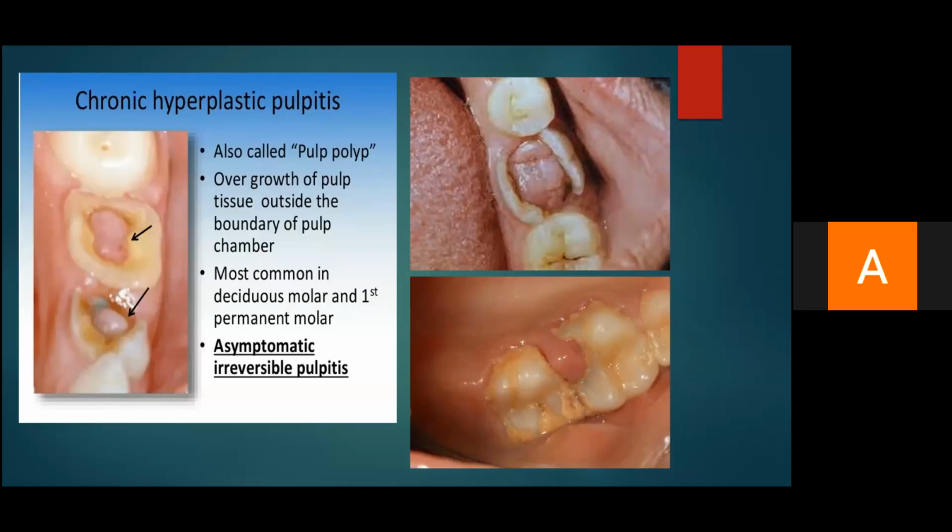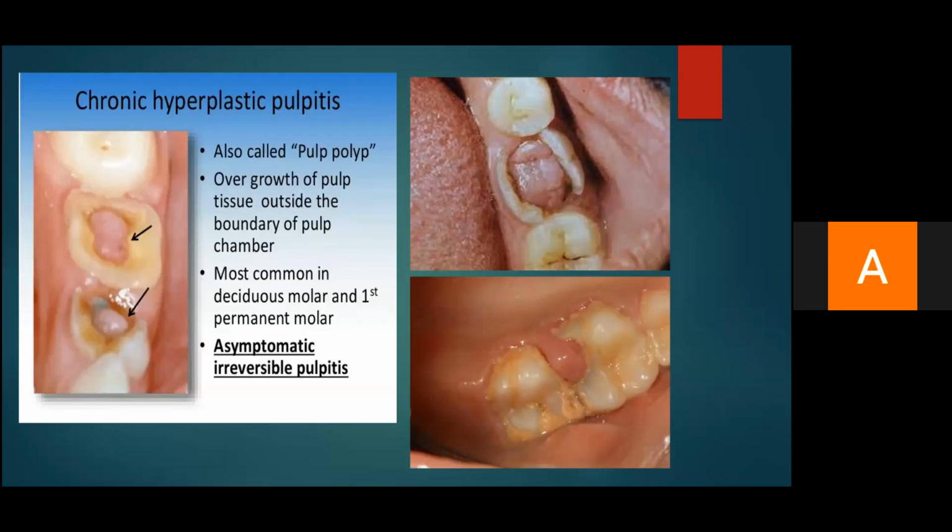It's a very gradual response, and over time, the pulp reacts and heals and reacts. Minor inflammatory changes, minor healing changes, which can lead to this pulp polyp, and it comes under asymptomatic irreversible pulpitis only. And the pulp polyp grows because of the changes inside the oral cavity. Constant trauma to the pulp can lead to chronic hyperplastic pulpitis.